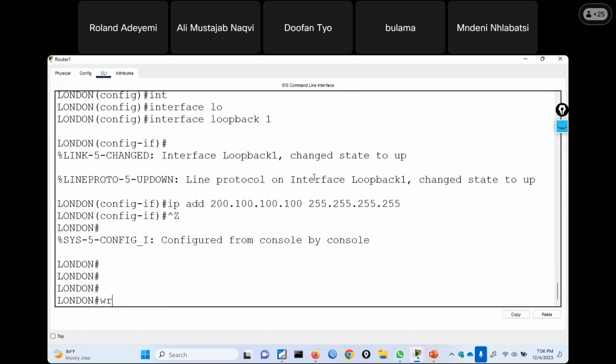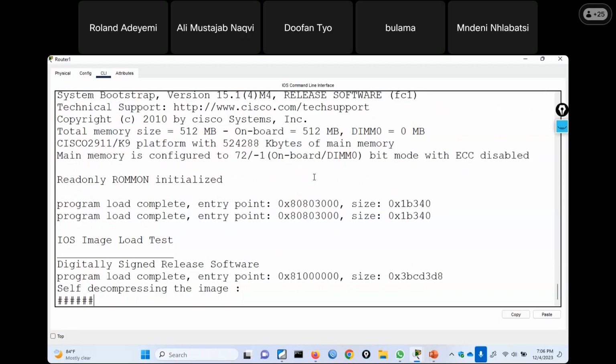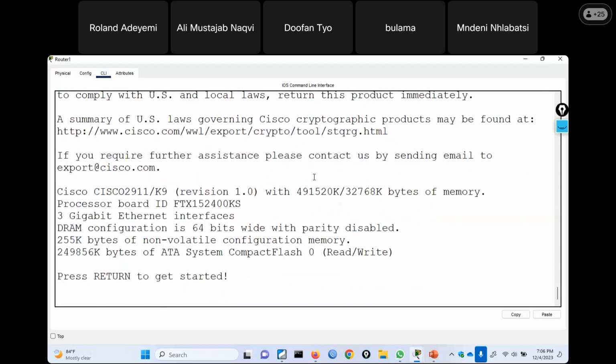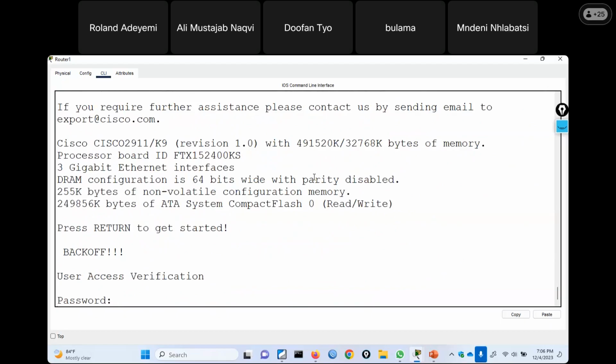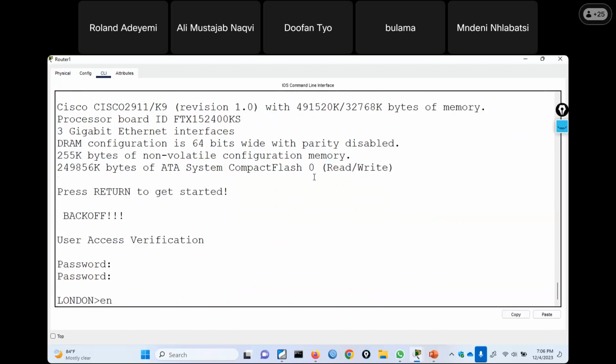If I reload this router now, you see what is going to happen. In the router ID order, if there is a loopback interface, even if it has a lower IP address, I should have used a lower IP address, the router will pick the loopback interface address as its router ID.